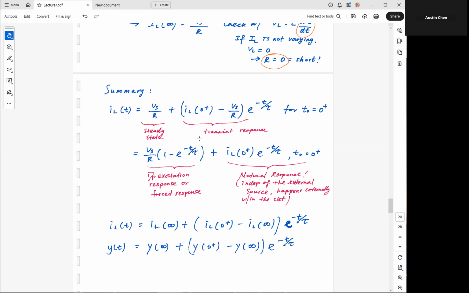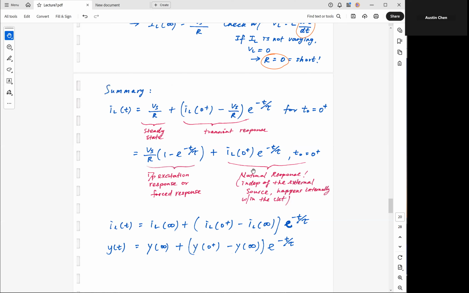This part here is basically the same as the RC circuit. Just to recap, the steady state and transient response is the final value plus the initial value minus the final value, multiplied by the exponential function. If you want to look at it in terms of force function and natural response, as I showed you earlier, look at the term corresponding to your input excitation and group that together; this is the term corresponding to the force function.